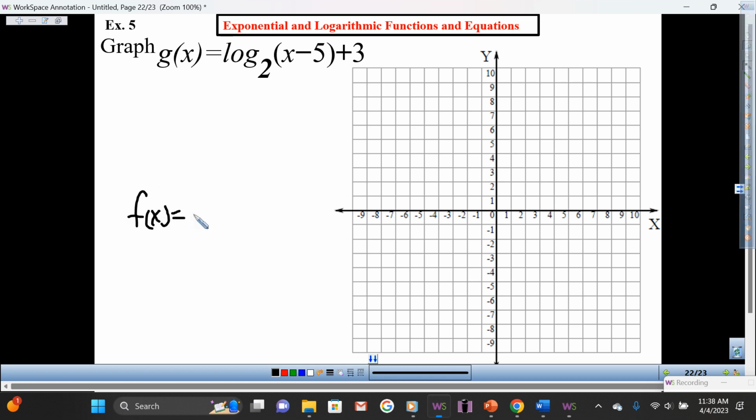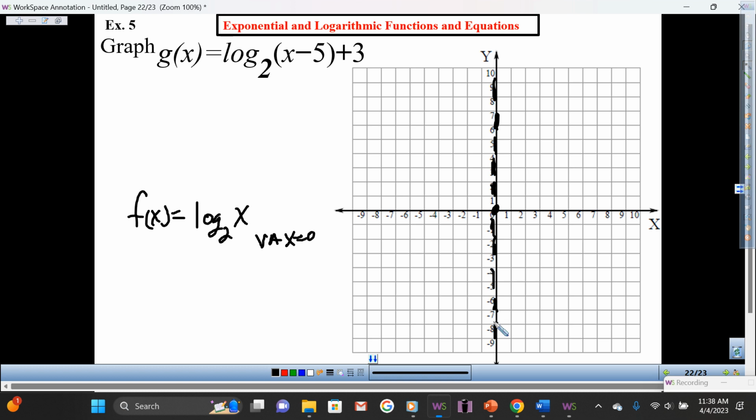What would be our parent function, Lorena? Log base 2 of x. That is correct. To graph this, I need my VA, which is x equals 0. So let's plot that. There's my VA, x equals 0.